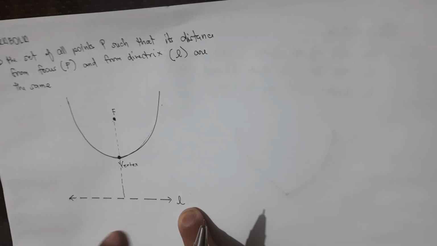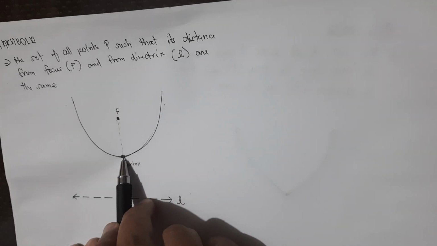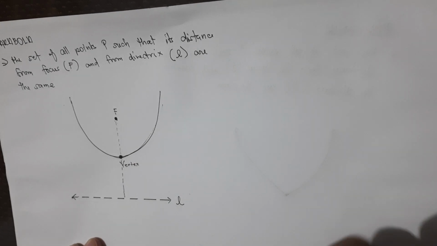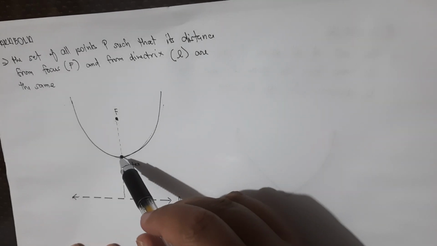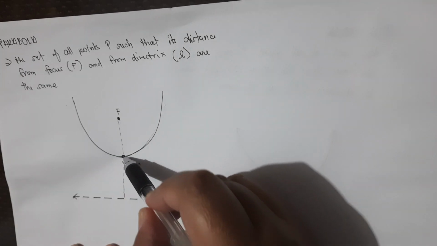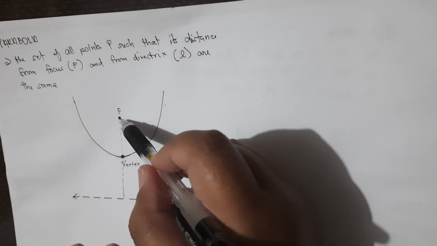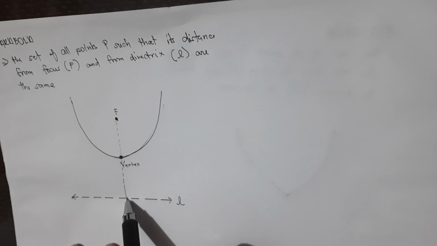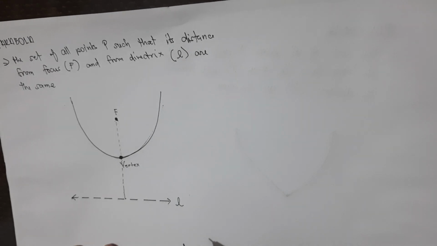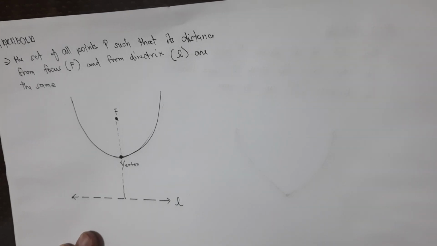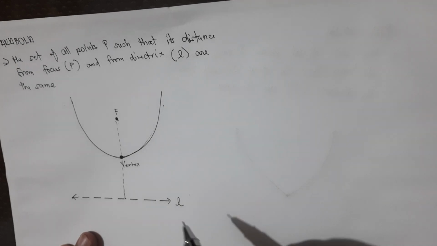Okay? So meron na tayong vertex. So paano natin i-plot si focus? This vertex is located at the middle of the focus and the directrix. Okay, next. What is the axis of symmetry?